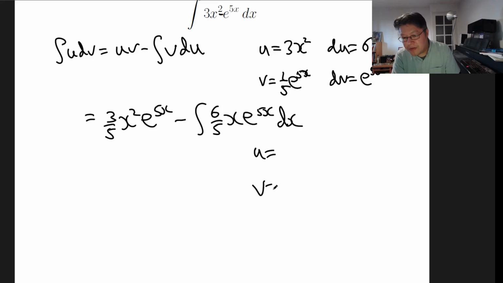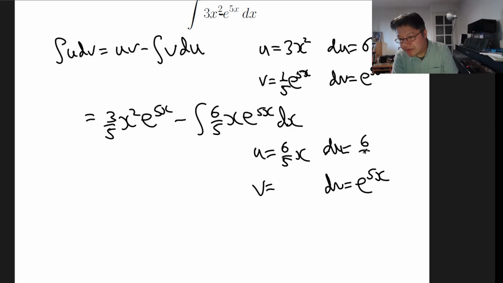So u, v, du, and dv. So 6/5 x is the u, and e to the 5x will be the dv. And now we can differentiate this way to give a 6/5, and we'll integrate this way to get a 1/5 e to the 5x.